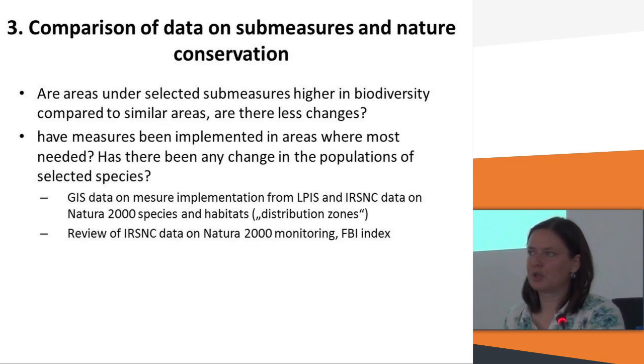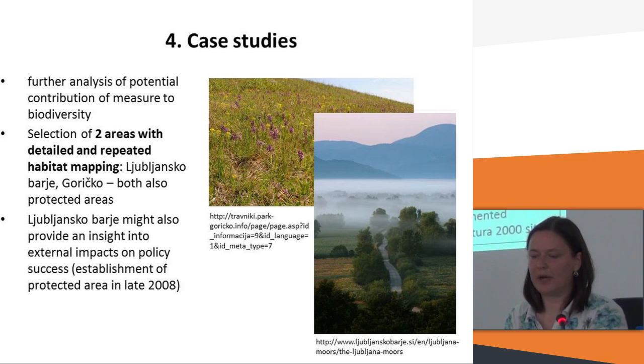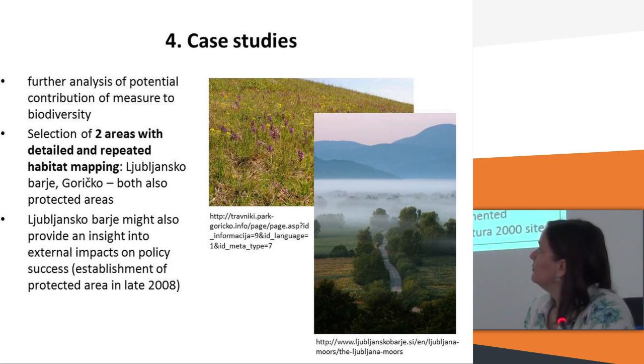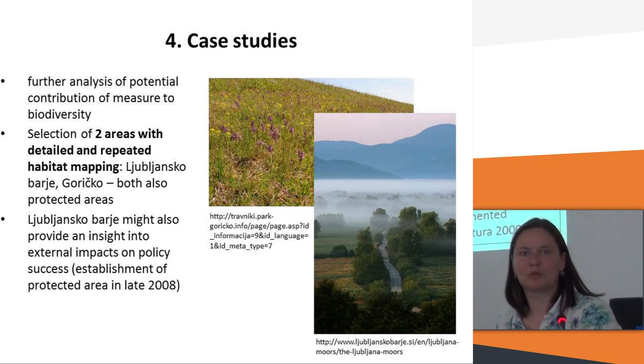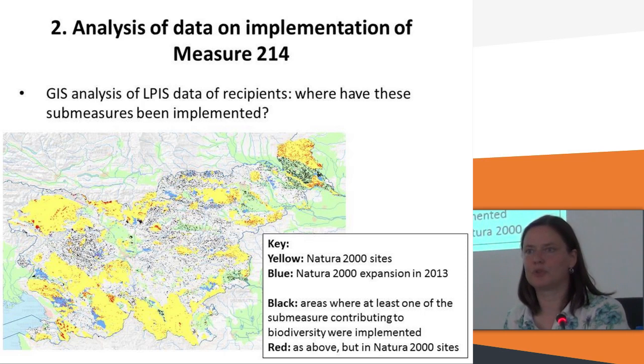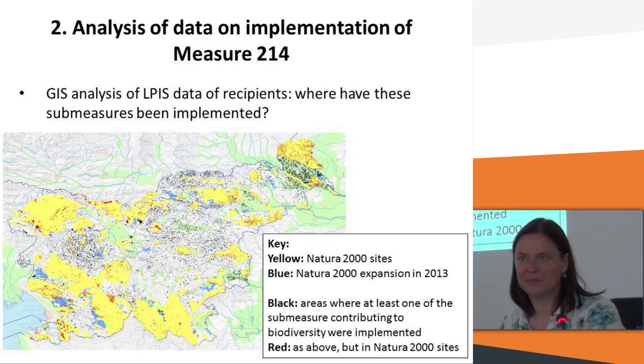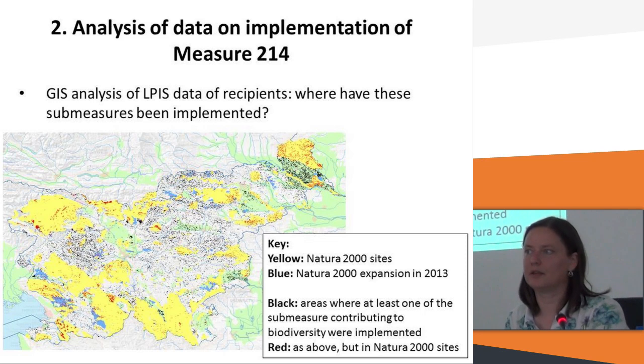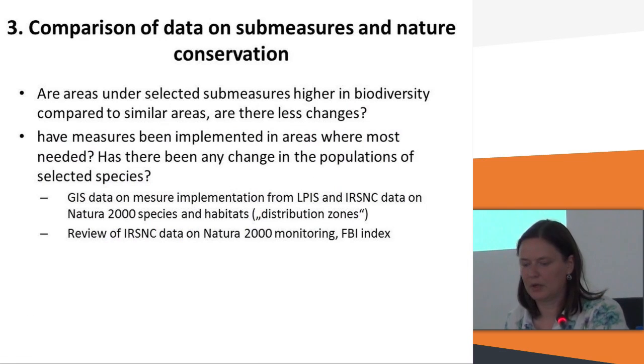The other question is also whether they are implemented in areas where it's most needed. So if we look back, if we say that Natura 2000 areas are where biodiversity needs to be preserved because there are species of EU importance, are the measures contributing heavily to that, or are they helping biodiversity outside of these areas?